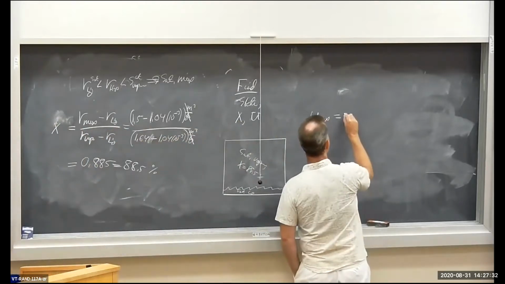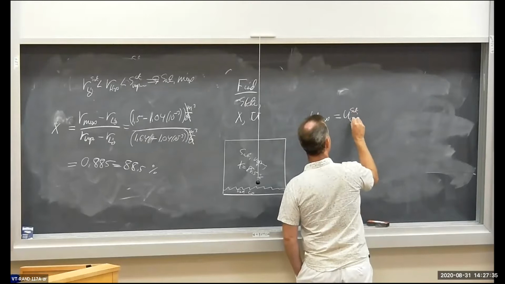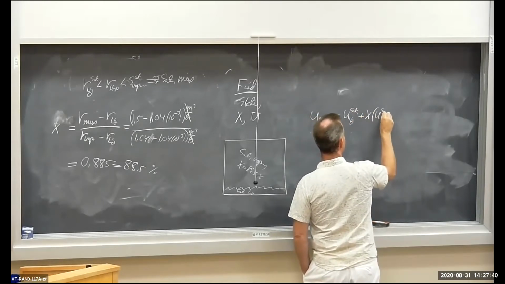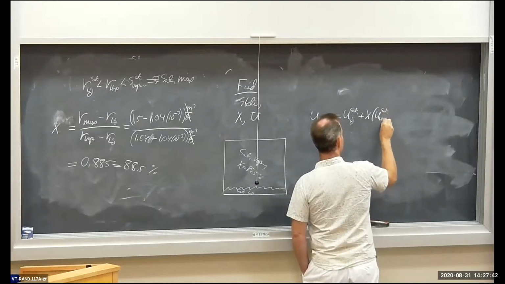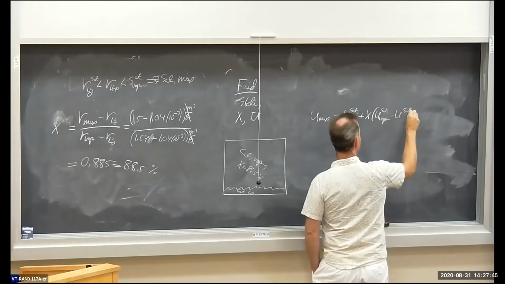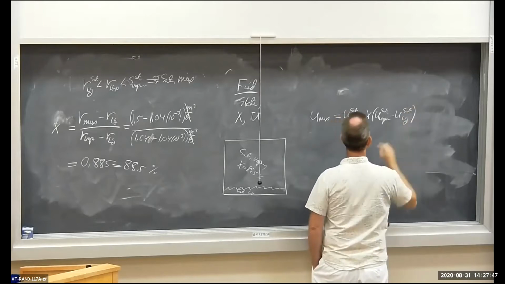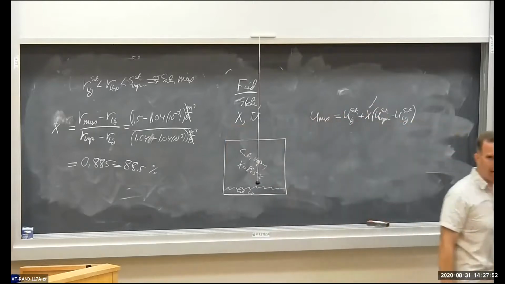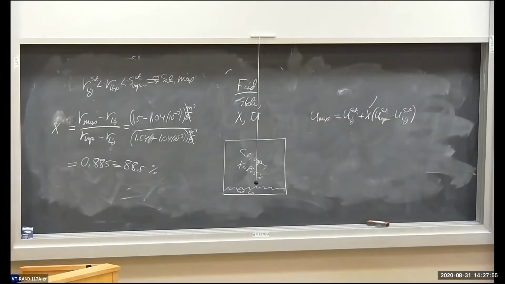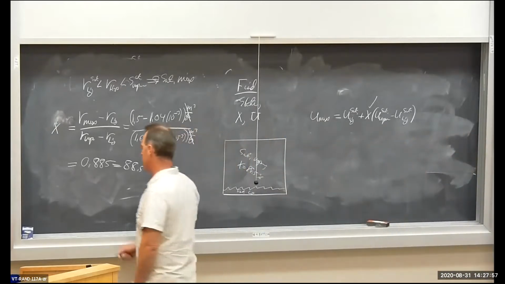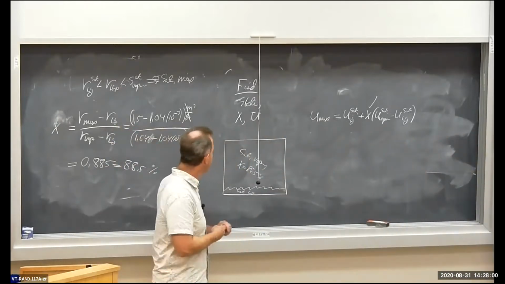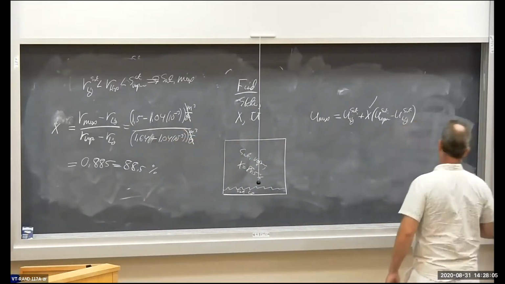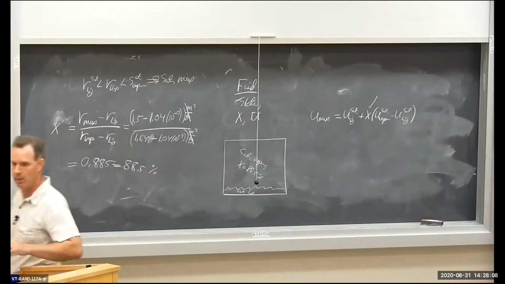So u mix is equal to u saturated liquid plus the quality times u saturated vapor minus u saturated liquid. I know the quality is 88.5%. All I need is the specific internal energies of the liquid and the vapor at 1 bar. So let's get those things.